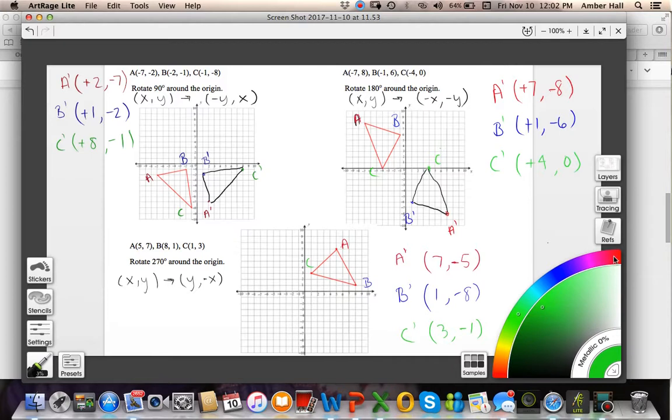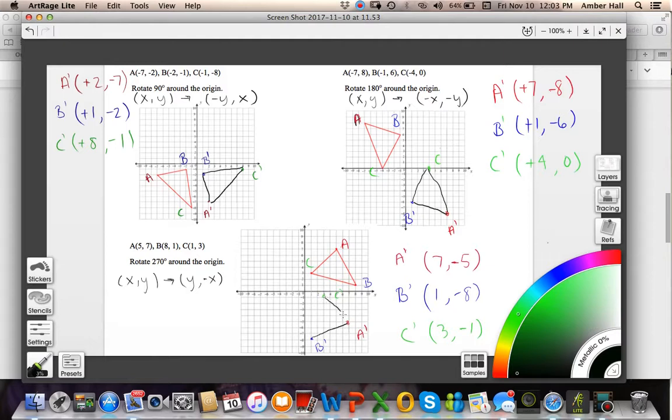The hardest part about this is not applying the rules, but just remembering the rules. That's why we created those flashcards. So A prime is 7, negative 5. Sorry, this takes some concentration. B prime is 1, negative 8. And C prime is 3, negative 1. Connect the dots.